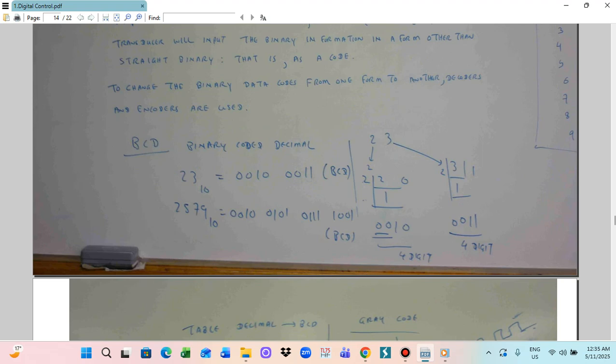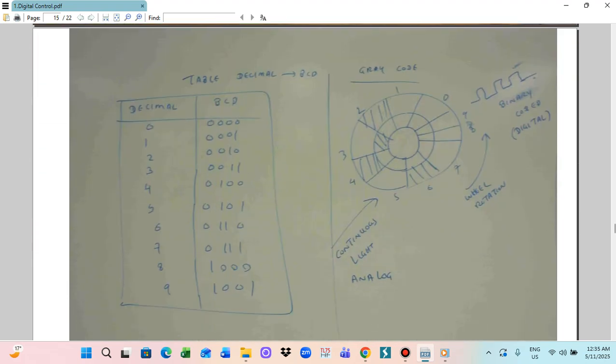This is the decimal number and this is the BCD. 0 is 0000, 1 is 0001, 2 is 0010, 3 is 0011, 4 is 0100, 5 is 0101, 6 is 0110, 7 is 0111, 8 is 1000, 9 is 1001.